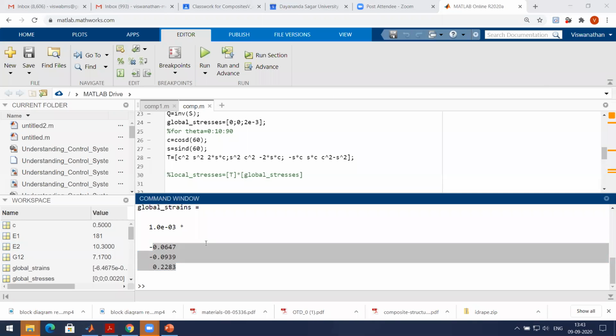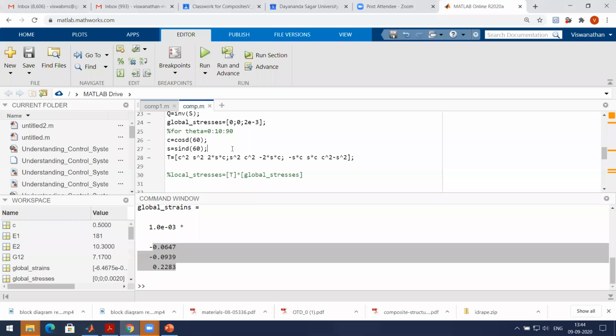Sir, we are considering a UD lamina. In that, UD lamina is behaving like an orthotropic material. Okay. In orthotropic, there were two classifications. One was generally orthotropic and specially orthotropic. So what is this material?